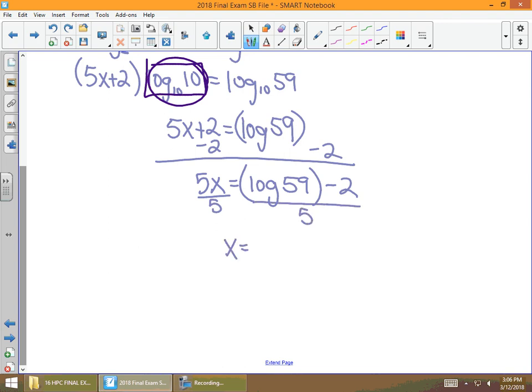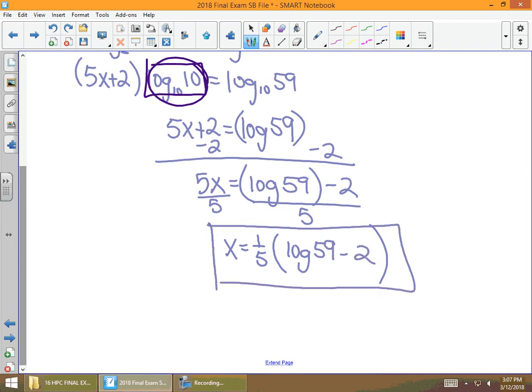Make sure you're dividing your log of 59 and your 2. So you can do a 1/5 out front. You can do it all divided by 5. Whatever works for you. Just make sure that you can match up an answer that you may see on multiple choice tests.